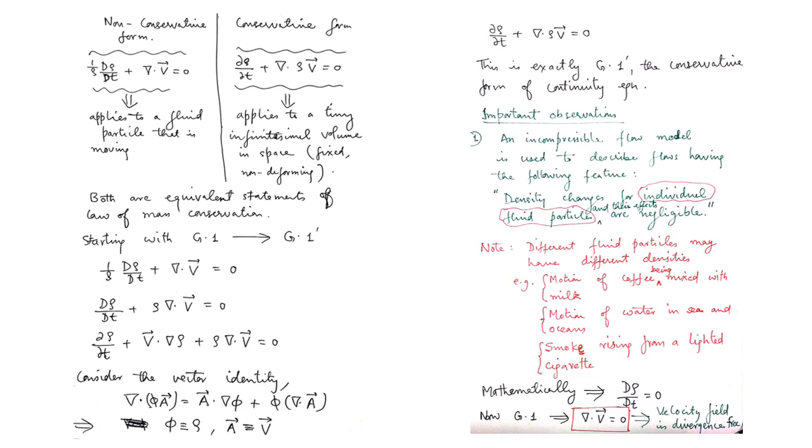This is physical also, because once you are conserving the mass and also conserving the density of an individual fluid particle, then obviously the volume must also be conserved for individual fluid particles. So del dot V is 0. There is a strong physical and mathematical consistency in everything. So the velocity field is divergence free. This is a very famous result in fluid mechanics. The moment you start talking of an incompressible flow model, you will say that the velocity field must be divergence free.